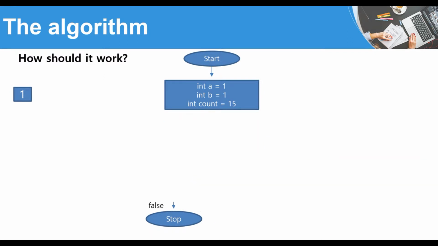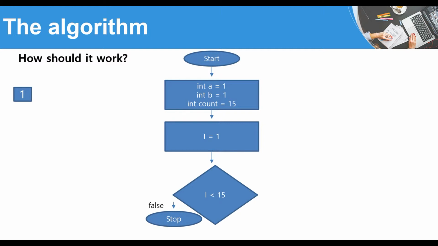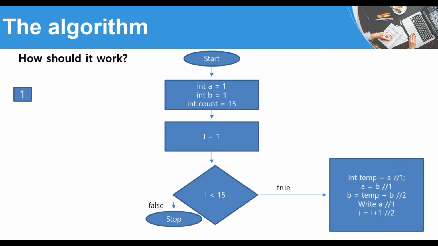1. When we go to the next step, we see that here we have a equals 1, b equals 1, and of course count is the same. The internal counter of the for loop will be equal to 1, and we have to evaluate, is 1 less than 15? Of course it is less than 15, so in this case we go ahead and perform the same operation once again.